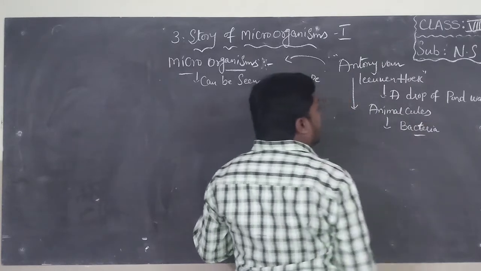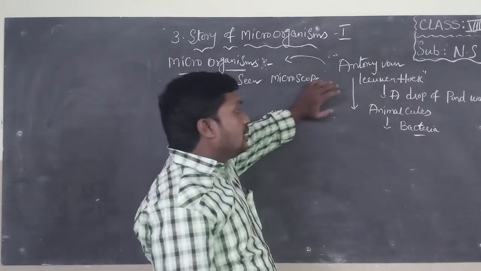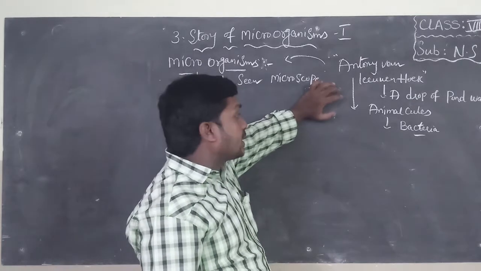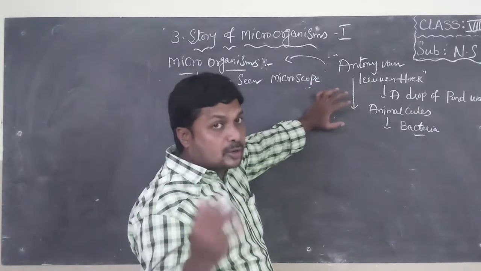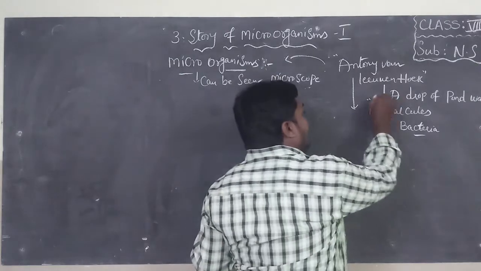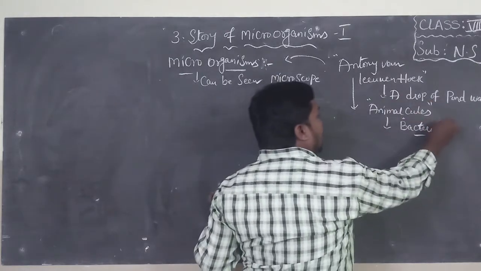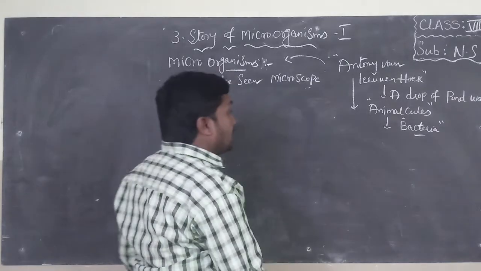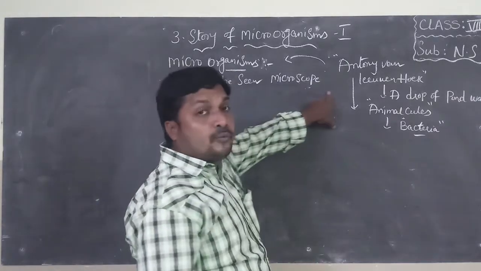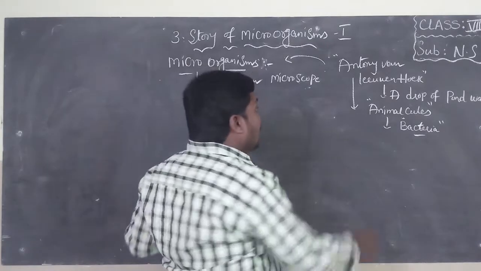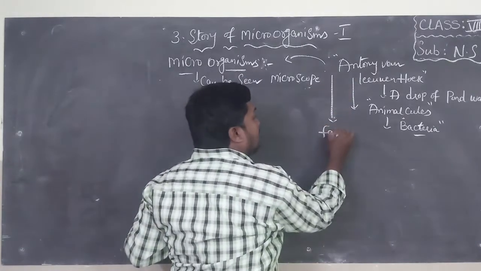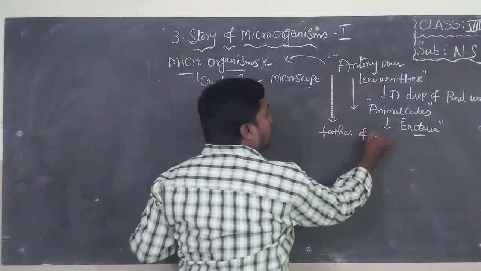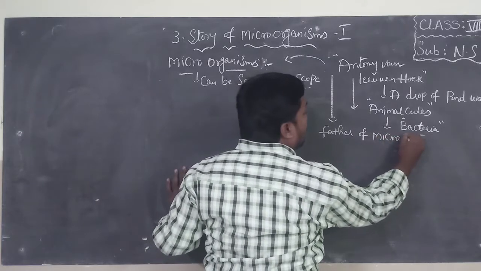Later, he named those animalcules bacteria. So if the drop of pond water consists of thousands of microorganisms named animalcules, later he named those organisms bacteria. So that's why he is known as the father of microbiology. Antony van Leeuwenhoek is the father of microbiology.